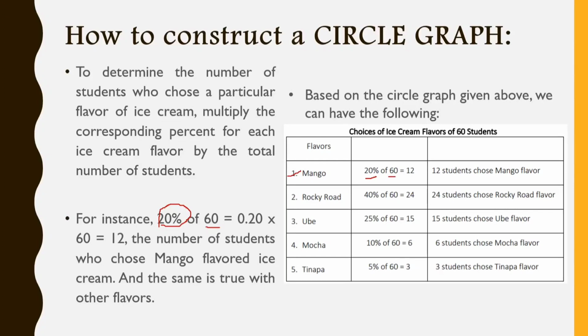So 20% of 60 is equal to 12. It means that during the gathering of data, 12 students chose mango flavor. For Rocky Road, 40% of 60 is 24. That means that 24 students chose Rocky Road. For Ube, there were 15 students. For Mocha, there were 6 students. And for Tinapa flavor, there were 3 students who chose it.